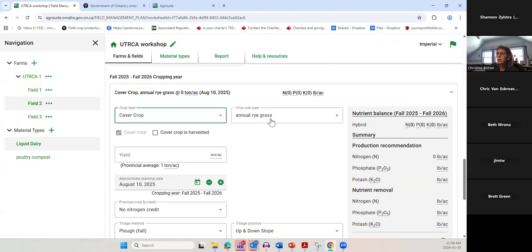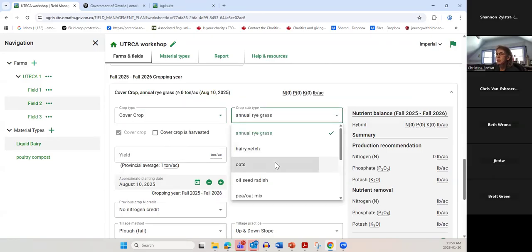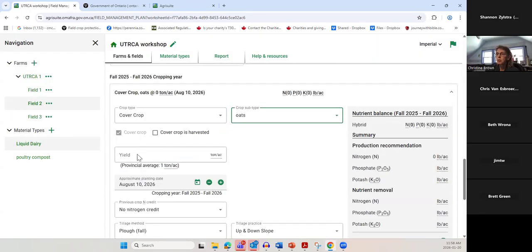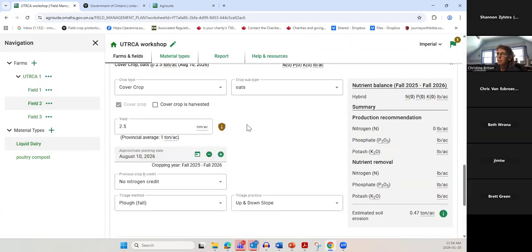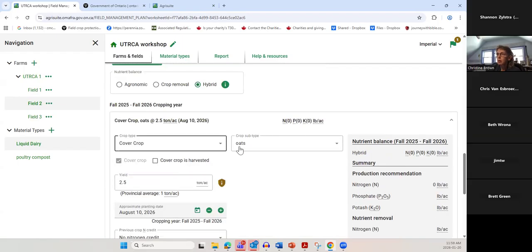So let's say cover crop oats. And let's say I'm going to feed that oats. And I've measured it and I've got 2.5 because I put manure on it. I'm making numbers up, but still. Okay, what did I do wrong?